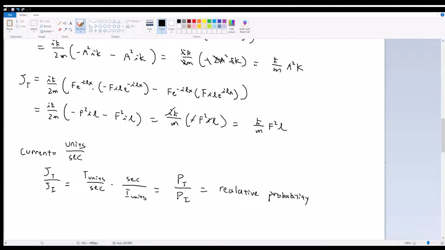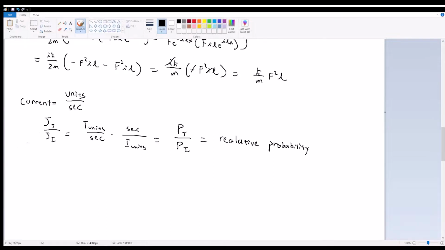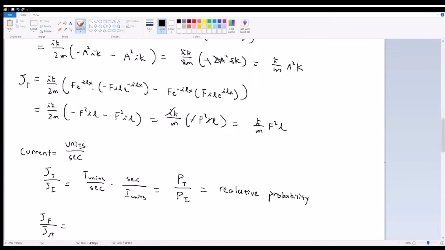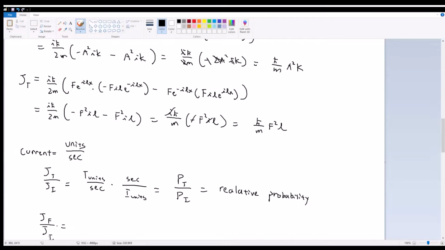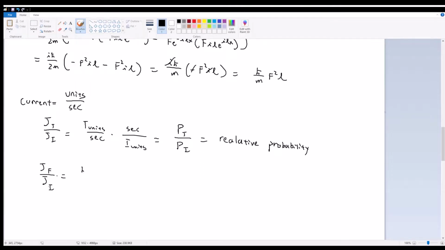So if we do this, then what we're going to get is j t divided by j i. We start with j t. This is going to be h bar over m times f squared times l.